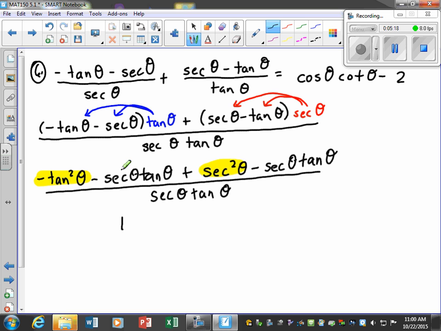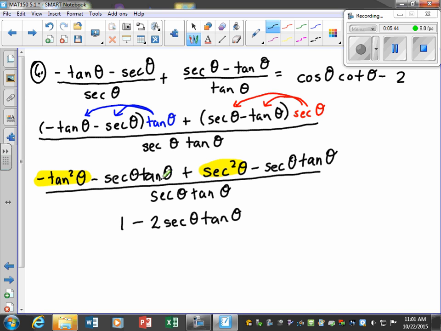Now, add like terms. Let's just say I call this guy x. This is negative x plus a negative x. What would that give me? Negative 2x. So I just want you to see that it's like terms. So it's going to be just minus 2 secant squared theta tangent theta. The only reason I did that is sometimes people get confused. This is just like terms.